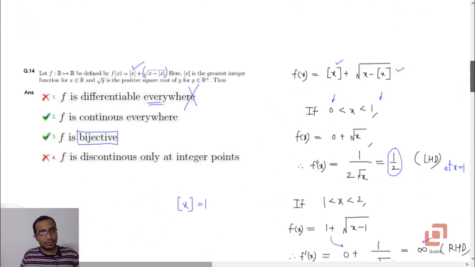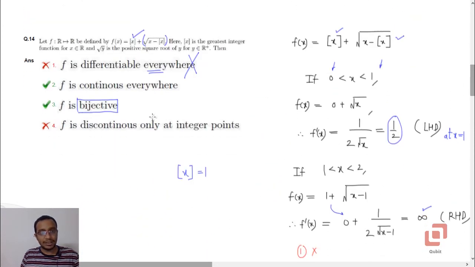So coming back to the question, is option 3 right? It is right. So options 1 and 4 were not right. We proved that the function is not differentiable at x equal to 1, so option 1 was ruled out. We proved that it is continuous everywhere, so validity of 2 immediately led to the fact that 4th is not right, and now we have proved that it is bijective, and you can also define its inverse now. You can take it as homework.